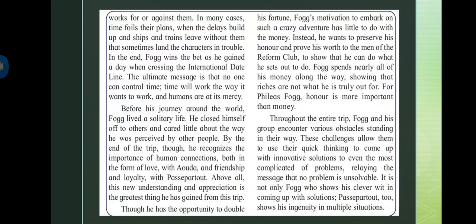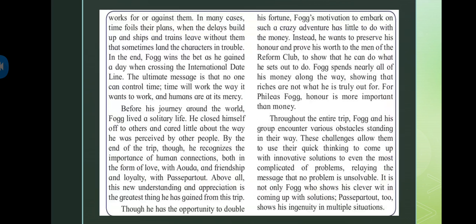Time played an important role, and sometimes time destroyed some of the things, or things went wrong because of time issues. Sometimes the trains left, or the ships left without picking them up. So that was a bit of trouble for the characters sometimes.